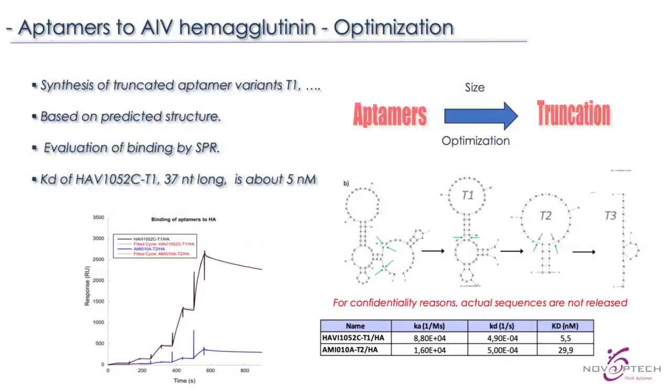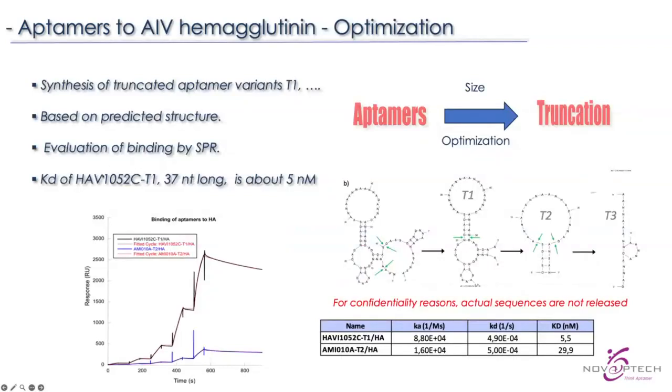As I said before, in order to play easily with these aptamers, we try to optimize them. The first thing we do is to truncate and restrict the oligonucleotide to the part of the sequence that is required for the specific recognition. We start from something like 80 nucleotides long, and progressively we delete parts of the oligonucleotide in order to minimize the size.